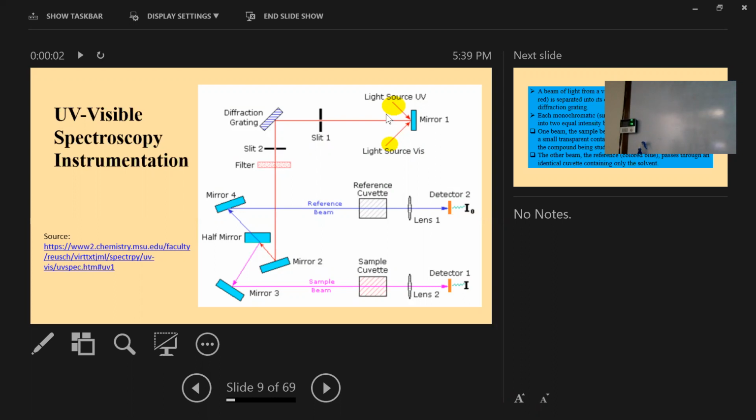Now we are using a very small slit. What is a slit? A very small gap.